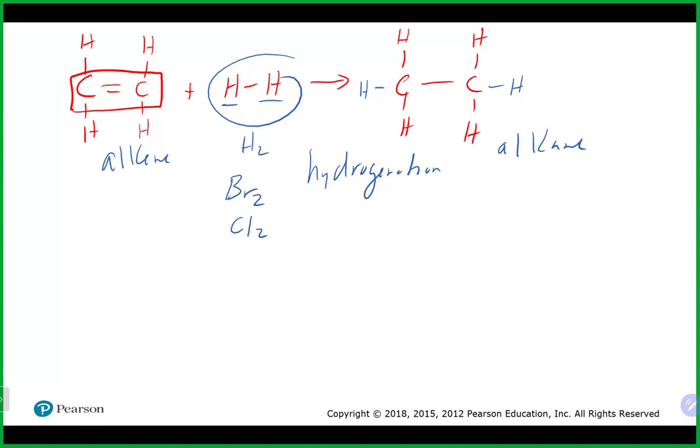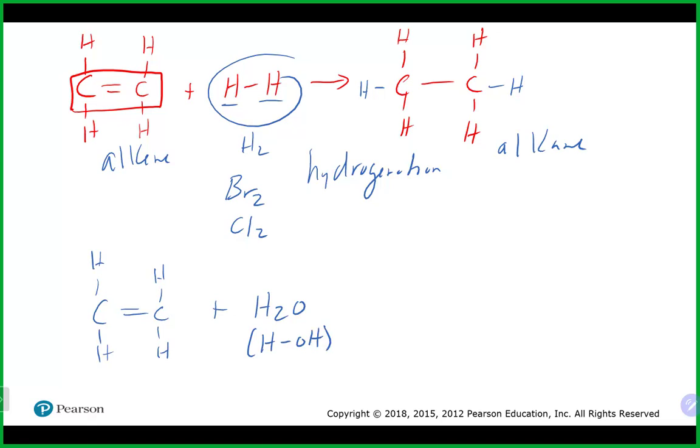Now there's unsymmetrical additions, which work basically the same way. The difference, though, is that in an unsymmetrical addition, you're usually adding hydrogen and something else. So, for example, when we do water, that's basically going to be adding hydrogen and OH. That's sort of how water would be added.